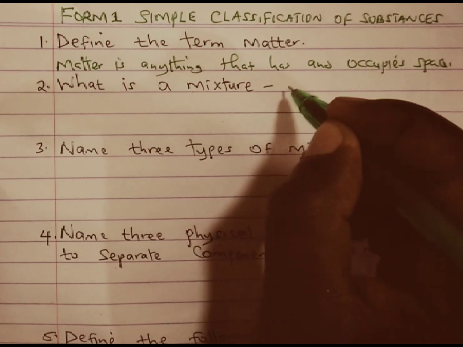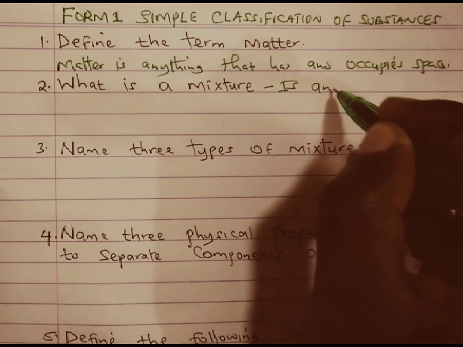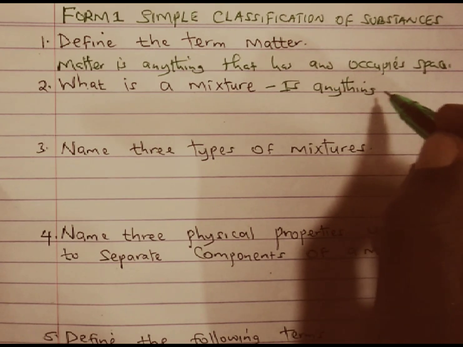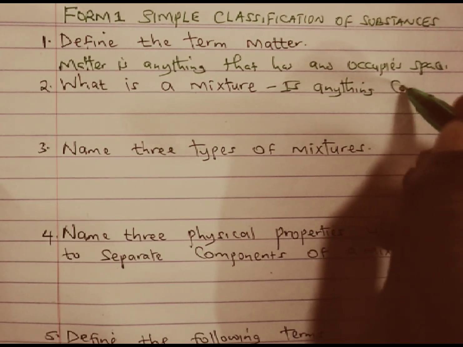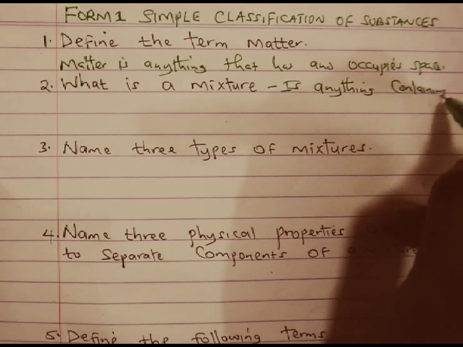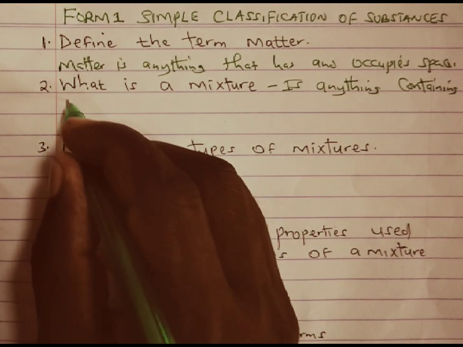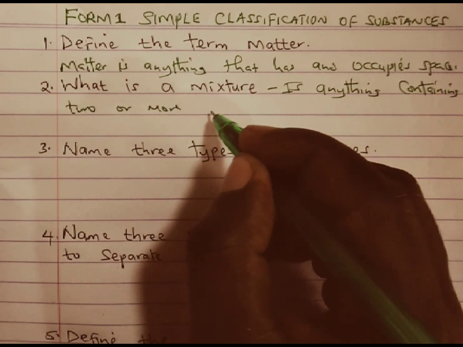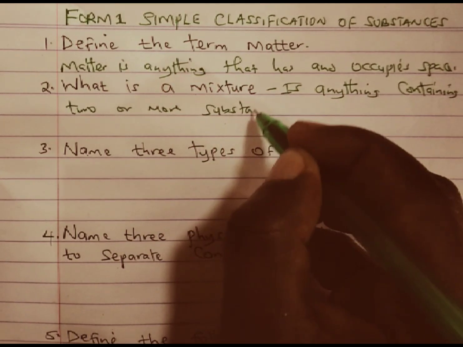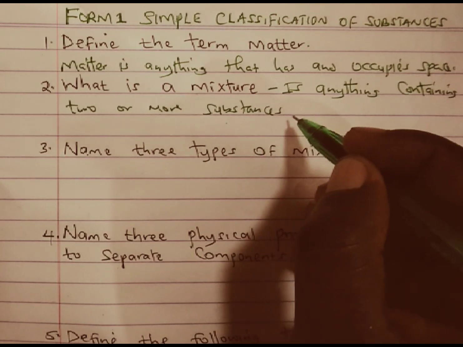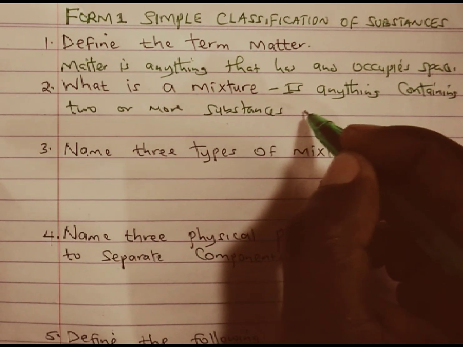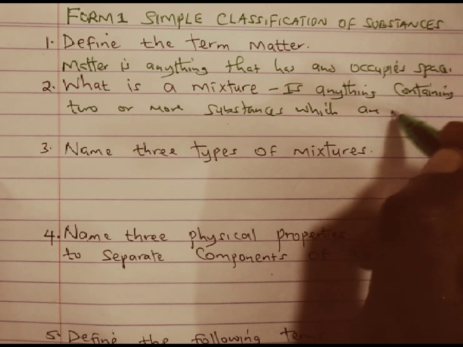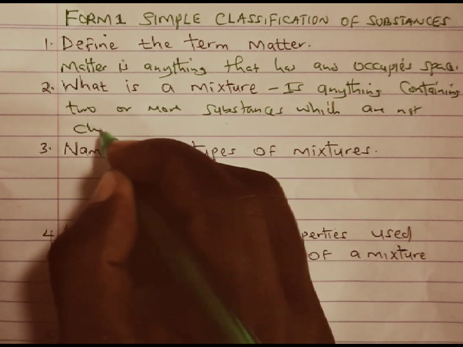So we can say a mixture is anything containing two or more substances which are physically combined. We can also say which are not chemically combined.